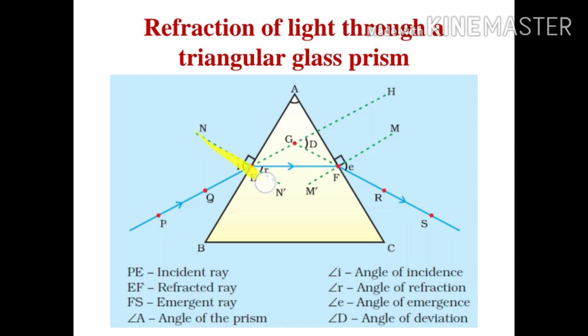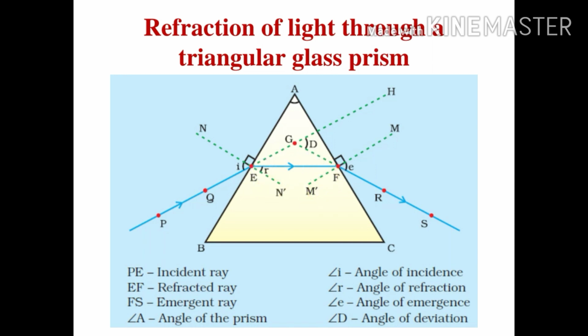Now the angle between this normal and the incident ray is known as the angle of incidence. The angle between this normal and this refracted ray is known as the angle of refraction, and the angle between this normal and this emergent ray is known as the angle of emergence. So we know that angle i is always greater than angle r, because angle i is in the rarer medium and r is in the denser medium.